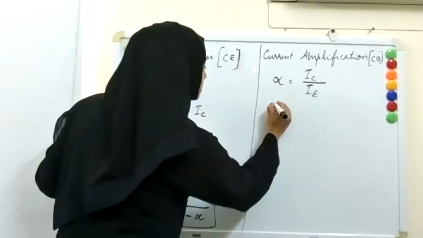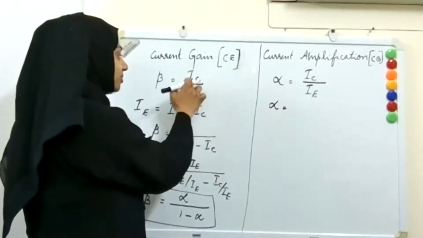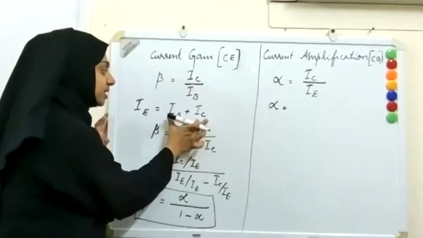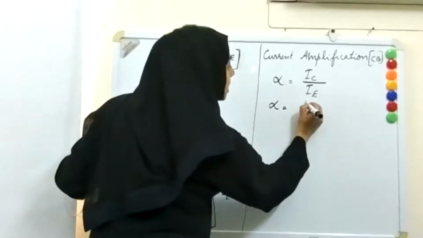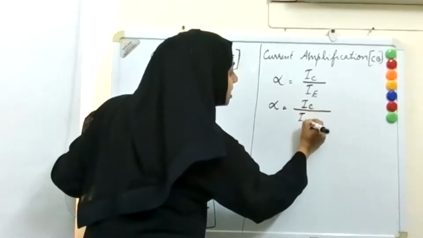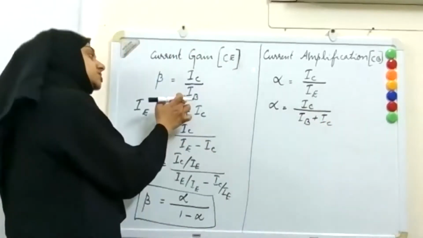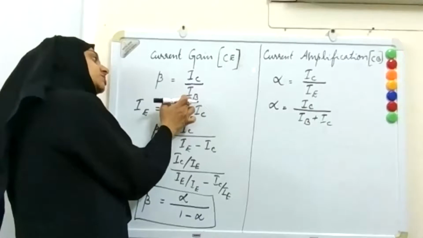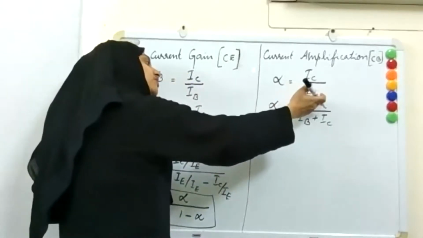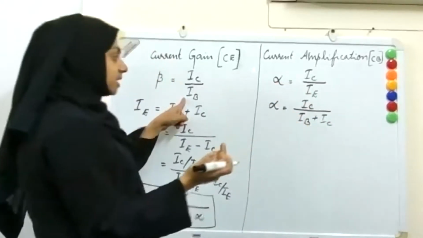So alpha is equal to IC divided by IE, and here I need to get IB in the denominator. So I'm going to write IE as IB plus IC. Now I need IB in the denominator because beta has denominator IB. So I am dividing the numerator and the denominator by IB.